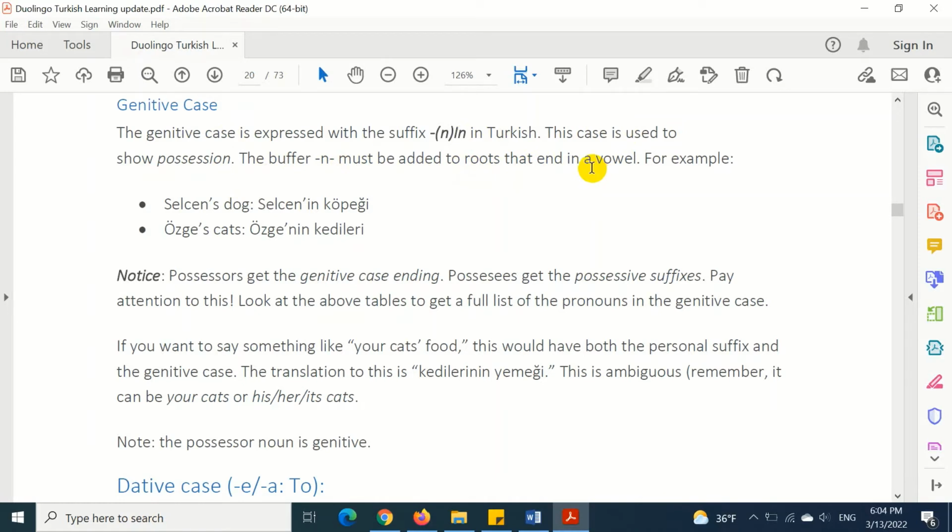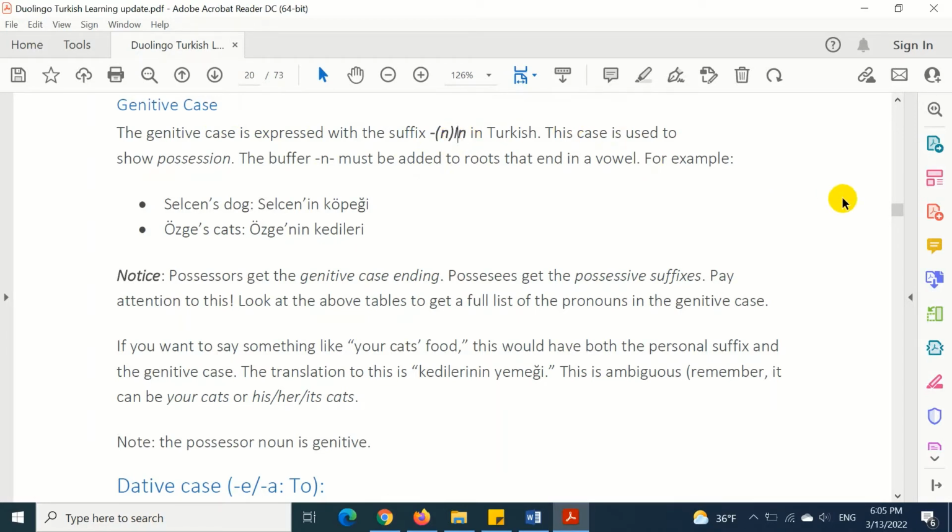Well, we already know that whenever we are separating two vowel letters in a possessive case, we use the buffer n. So generally to show the possessive case we use the suffix in.